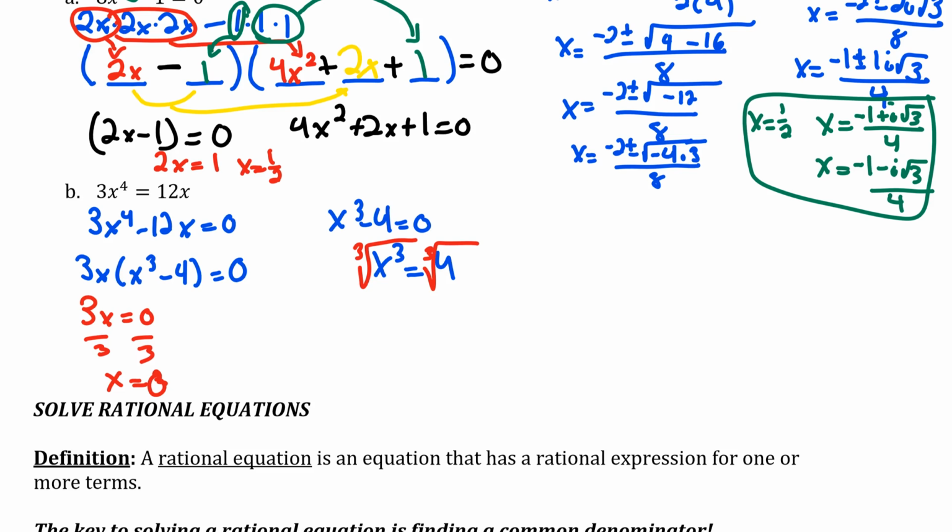Now remember, where we had the square root, we had to take the positive and the negative. That was because a negative 2 squared was 4, a positive 2 squared was also 4. Well, in this case, we don't have that situation, so I just have that x is equal to the cube root of 4. So I actually have 2 possible answers in this situation. Now, practice some of these and let me know if you have questions.